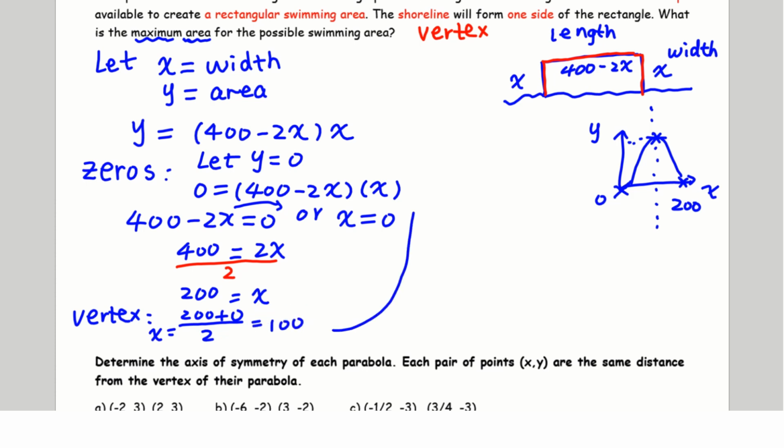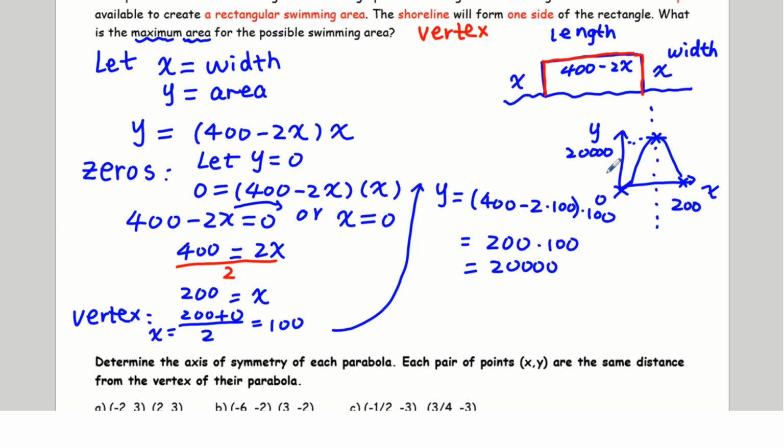Then we substitute to solve for y. y equals 400 take away 2 times 100, then times 100. You will have 200 times 100, which is 20,000. So the y value is 20,000, and the vertex is (100, 20,000).